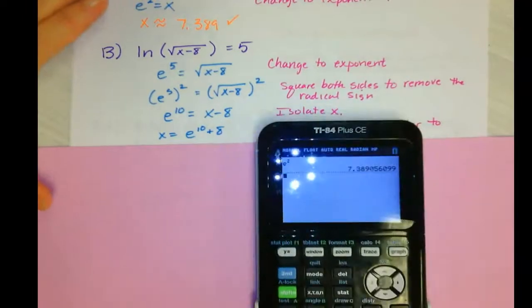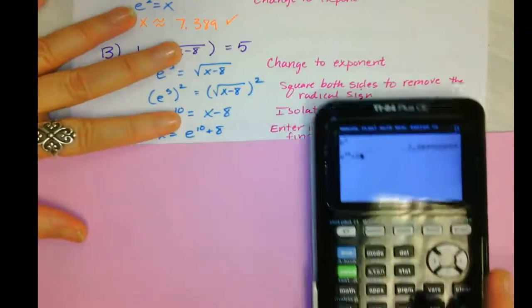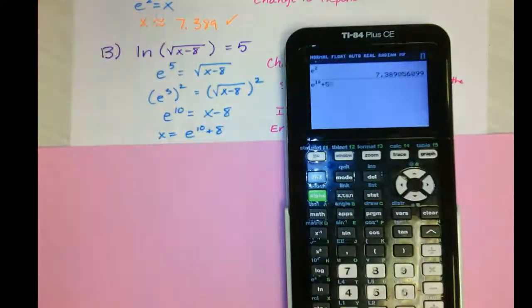When I go to my calculator, I do second natural log, and the power is 10, and then I say plus 8. Let's get that out of the glare so you can see that better. There we go. Then I hit enter, and that tells me approximately what it is to 3 decimal places.